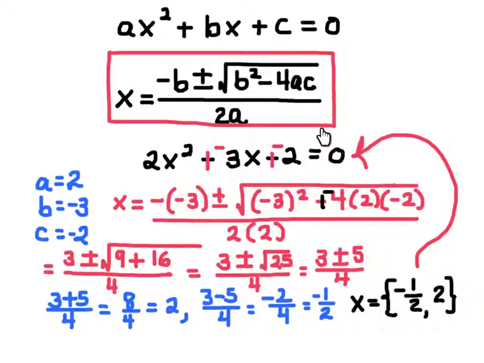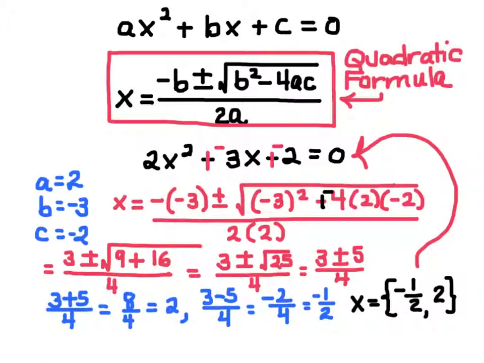Keep in mind, the quadratic formula works every time when you are solving a quadratic equation set equal to 0. So the quadratic formula is something that you should really memorize as we move forward. It's very handy when we're trying to find the value of x in an equation that has a quadratic.